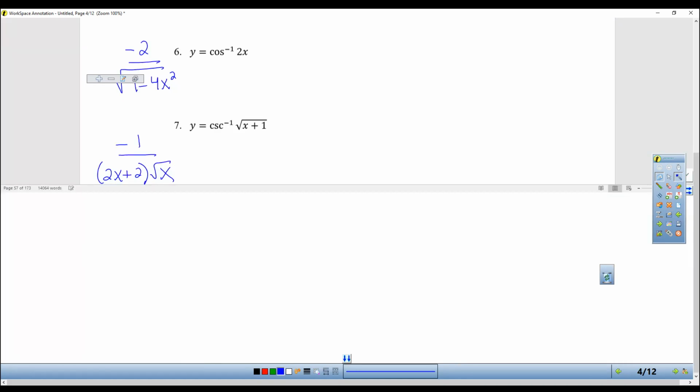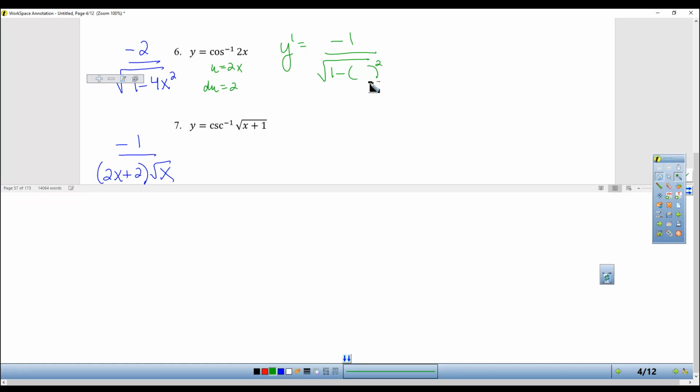Okay? All right, starting with number 6 here. So again, the key is to know the formula. Cosine and sine are the same with the exception of a negative. So I like to put my u over here and my du, kind of get that out of the way. And now the derivative for cosine is negative 1 over the square root of 1 minus u squared.